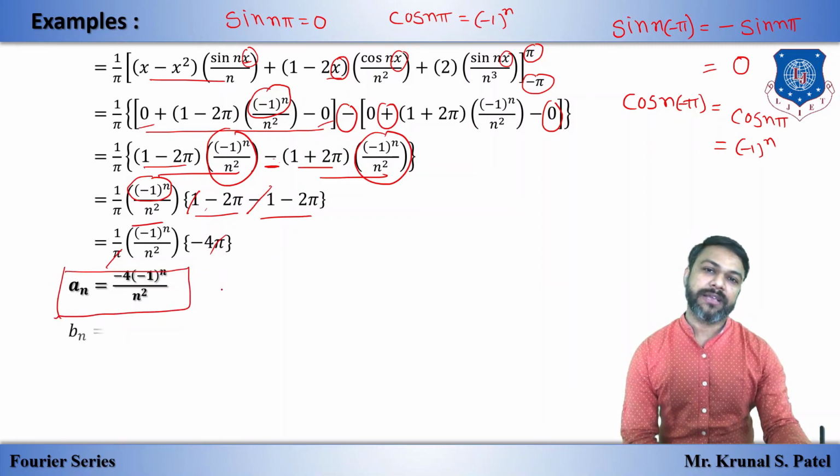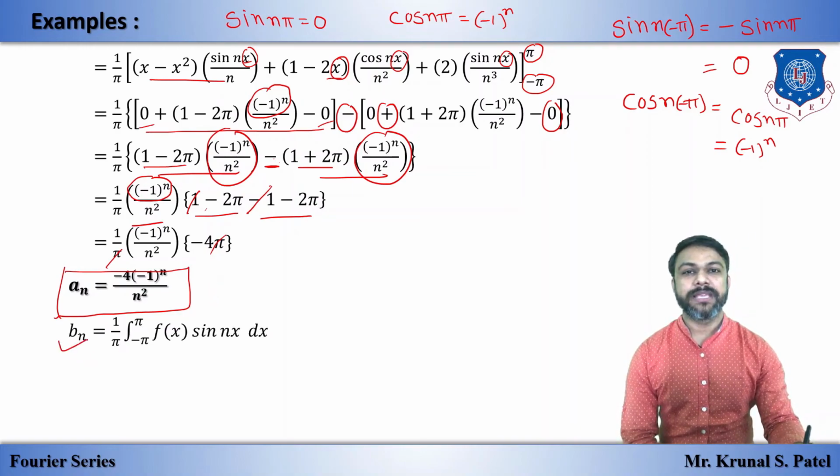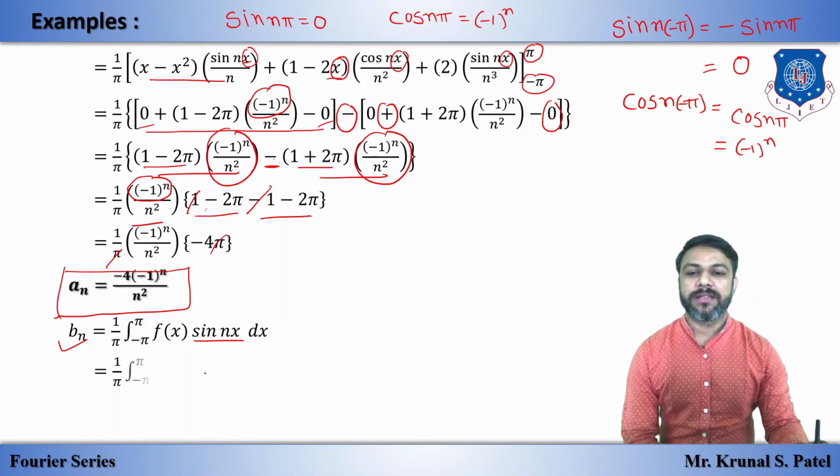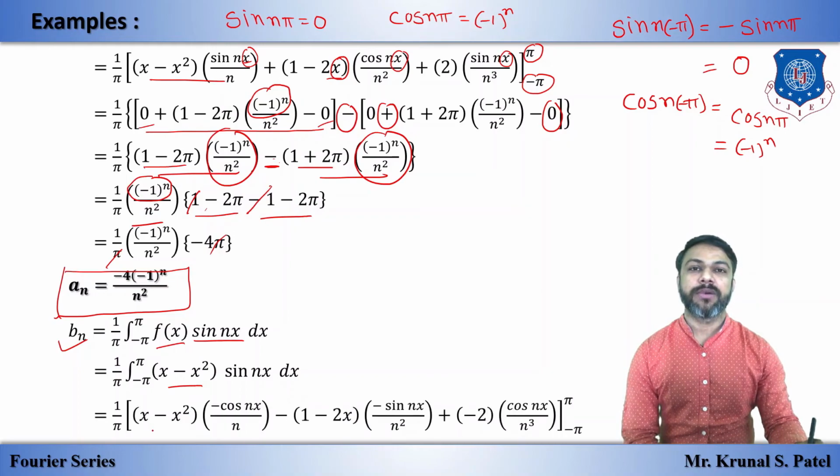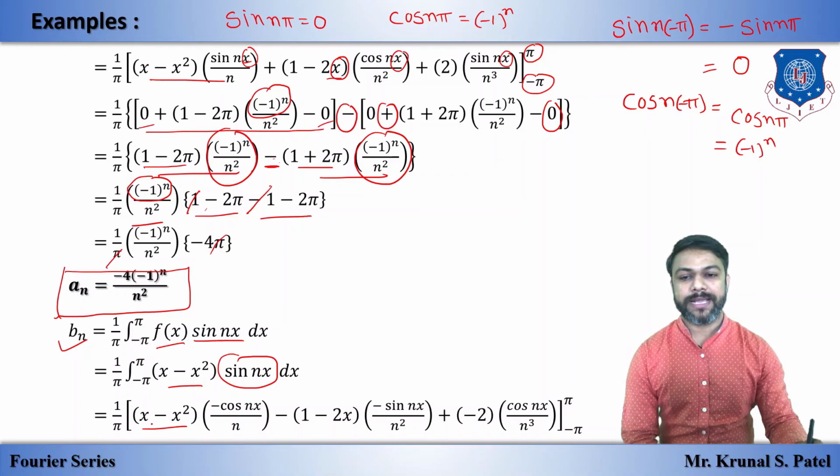Now similarly we can start bn. Just the sign changes, instead of cos. So for the value of f of x, we will apply the Bernoulli integration formula, u as it is. Integration of sin nx is minus cos nx by n, then minus differentiation of x minus x square, which is 1 minus 2x.